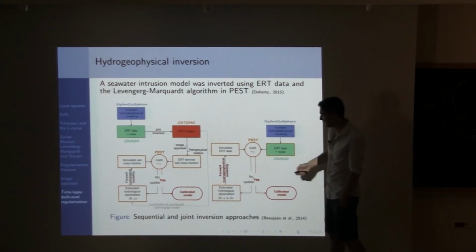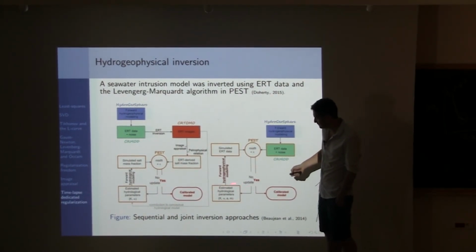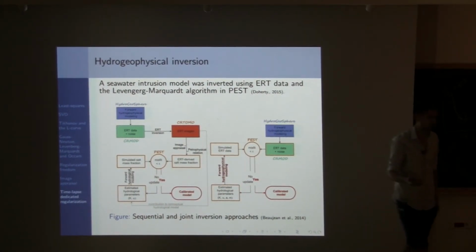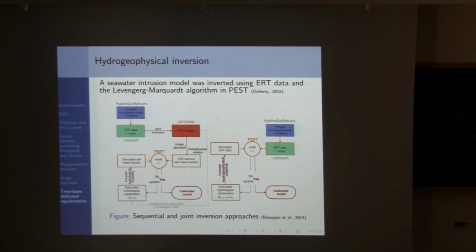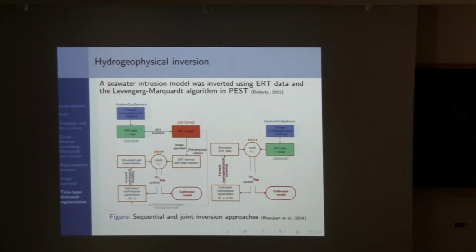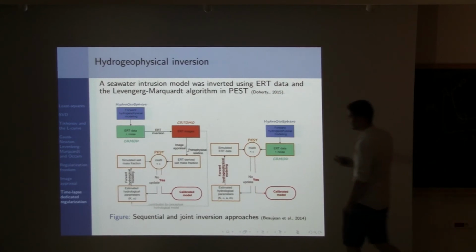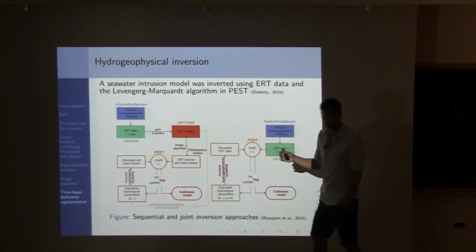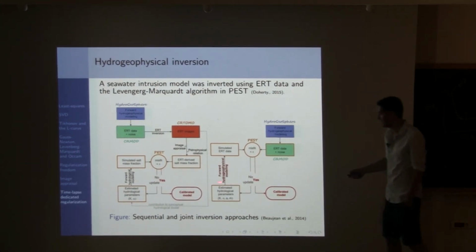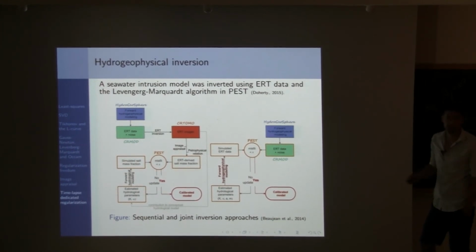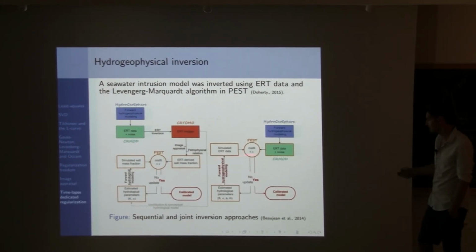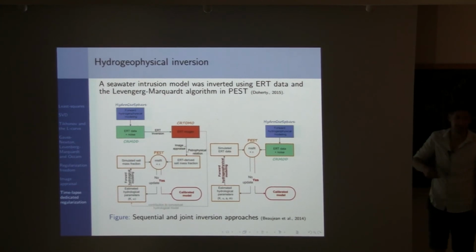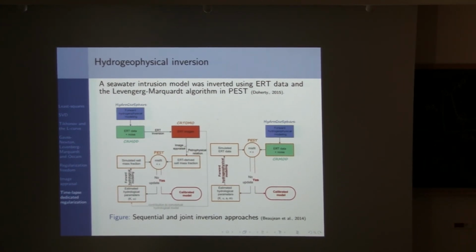So we use the hydrogeological model, mainly with uncertainty on the hydraulic conductivity and the dispersivity. From that, we simulate the seawater intrusion for 50 years. And we simulate on top of that the ERT data that we would collect on such a system, and you compare it with your observed data. This was all done synthetically now, but Andrea will actually do that in her PhD.